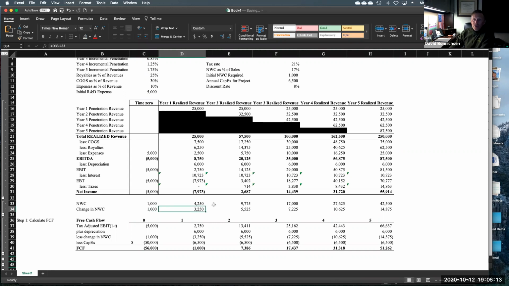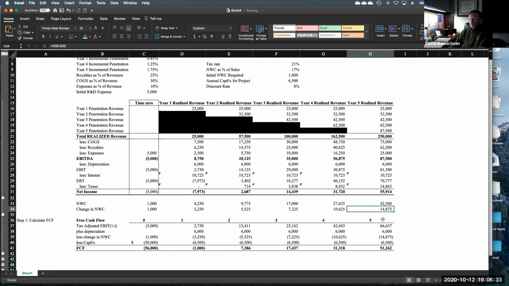And the change in net working capital from the moment we decided to start this project up to the end of the first year was what our net working capital was at the end of year 1 minus the beginning, or 3,250. And we do that change year over year until we get out to year 5.